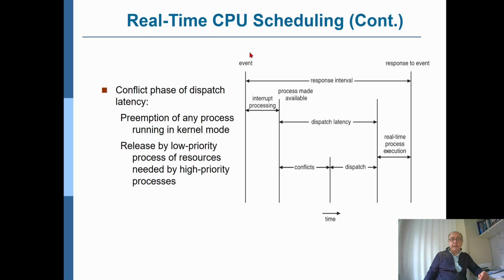So the response time is the time from the event occurring till the response to the event, which is composed of the interrupt processing time first, and then you decide to do the dispatch, but there could be conflicts between the interrupts. If there are several interrupts, then there would be a conflict with which interrupt to be executed at the moment.